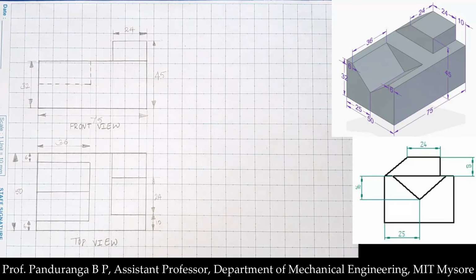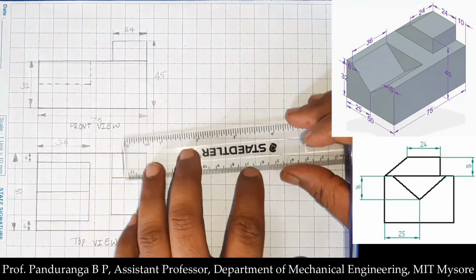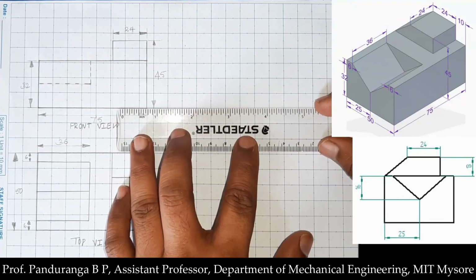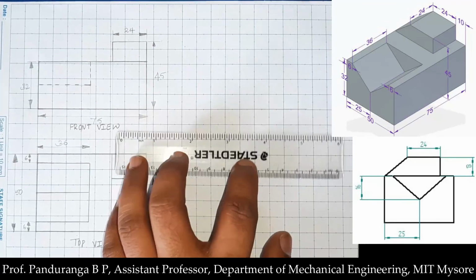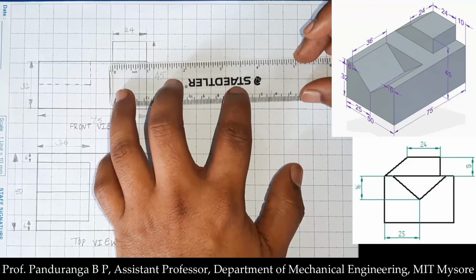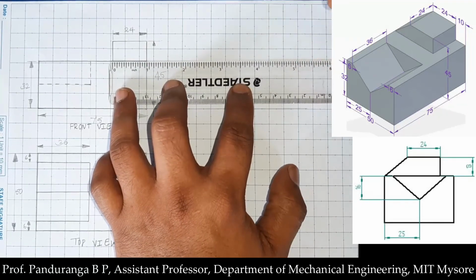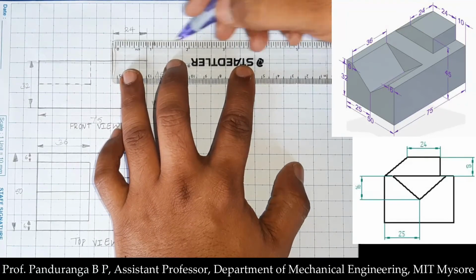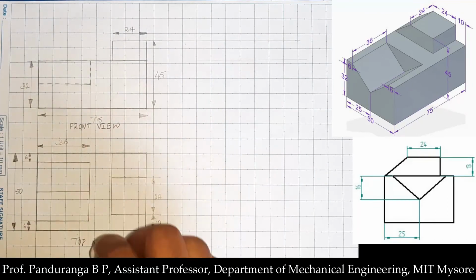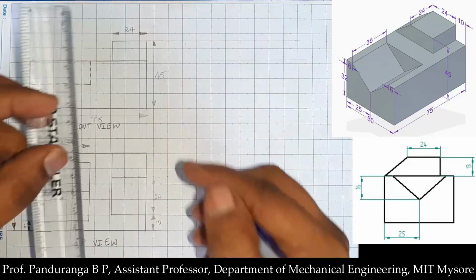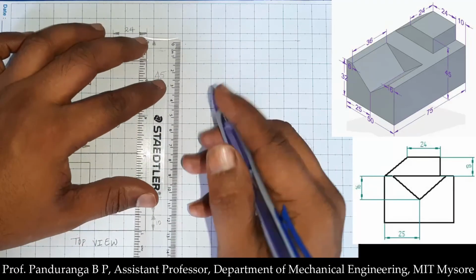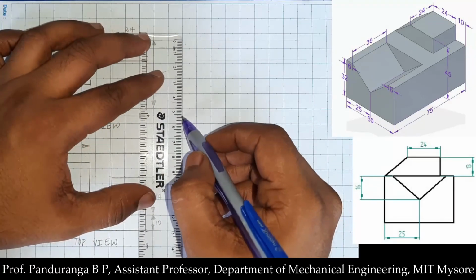Now we need to draw the side view. To draw the side view, I'll project all the horizontal lines from the front view to the right side of the front view, because we are drawing the left side view. Now I'll leave some space between the front and the side view, and then I'll draw a vertical line here.